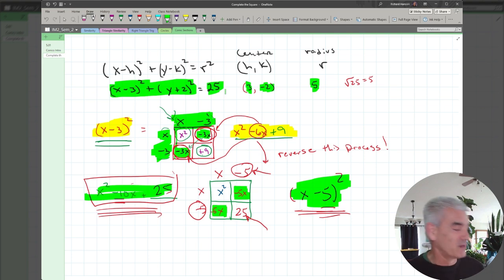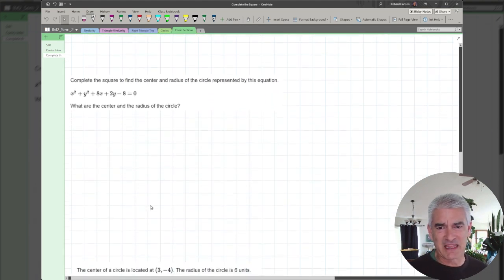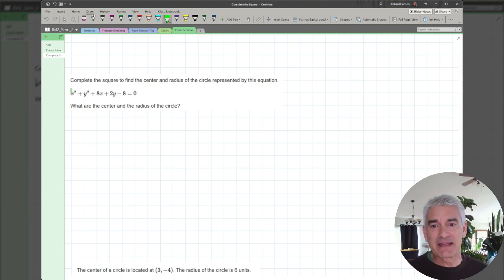That's really powerful. So if somebody gives me something that looks like this, yuck, and they say, what's the center and the radius? I'm like, oh, shoot, it's a lot of work here. So what you need to do is use this completing the square process, and I'll show you. The first step is to gather my x's together, so I'm going to put them together, plus 8x.